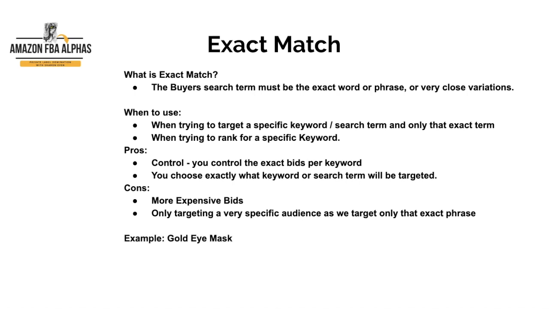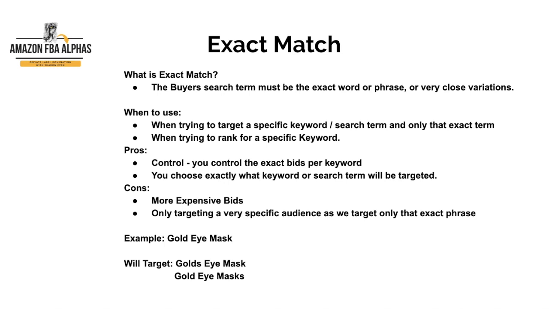So here's an example. If you've put in an exact match, the keyword gold eye mask, it will only target gold eye mask and gold eye masks. I'm from New Zealand, I say mask. So gold eye mask or gold eye masks with an S. That's all it will target. It won't target anything else.